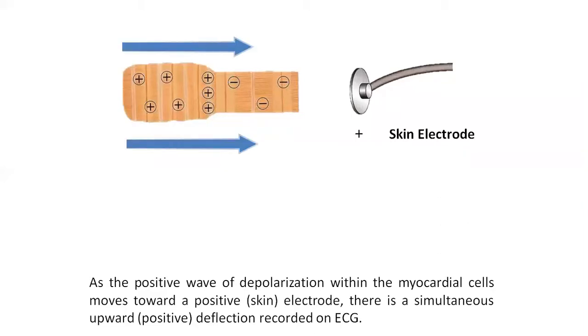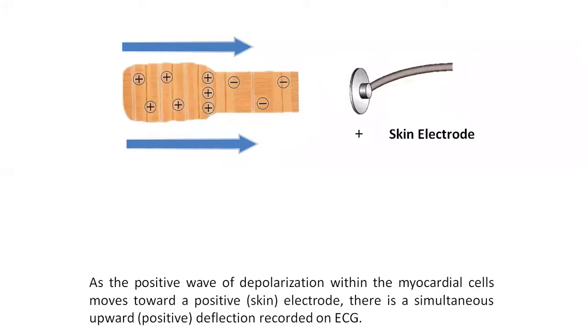If the positives are more than the negatives, it is directed towards the skin electrode. If the summation is negative, it will be away from the skin electrode.